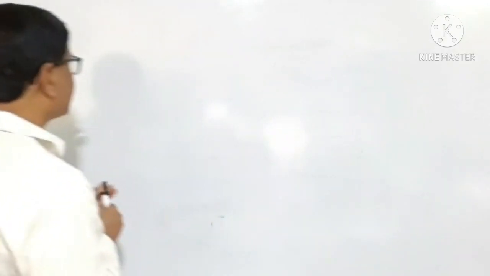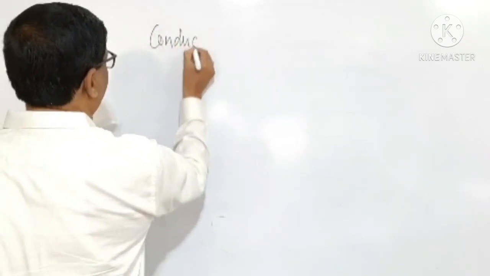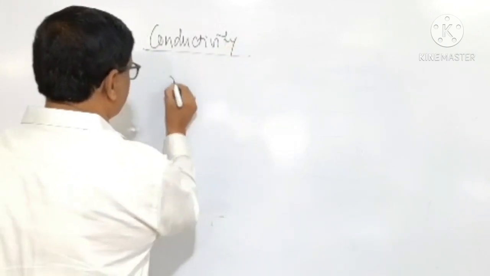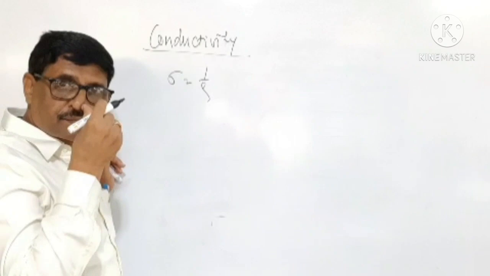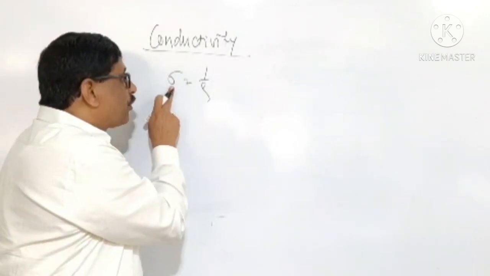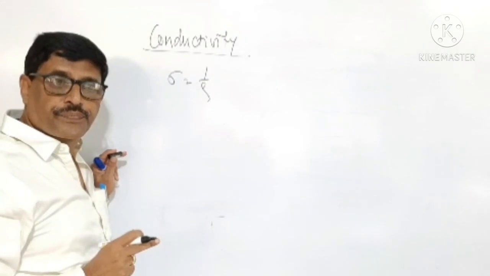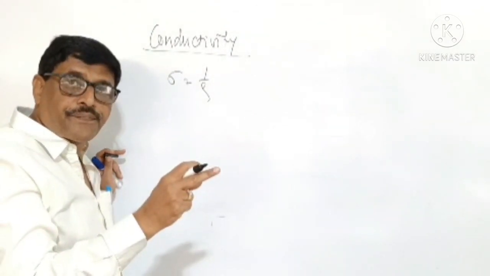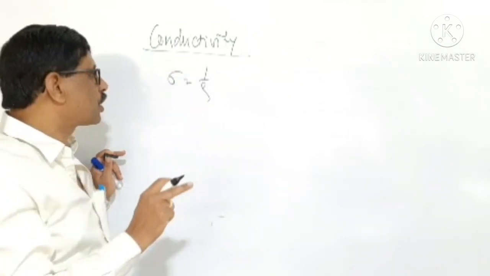Therefore, conductivity of a conductor sigma is equal to 1 by rho. It is the reciprocal of the resistivity. Resistivity is a reciprocal आहे.